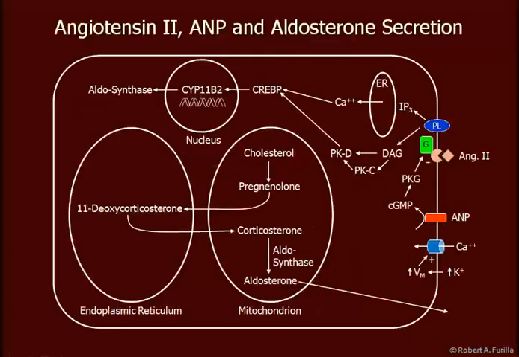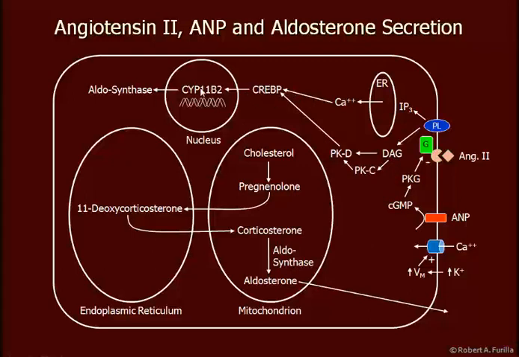As I mentioned in one of the earlier slides, aldosterone secretion is stimulated by angiotensin 2 and by high potassium concentration. Angiotensin II, through the second messenger system, causes a release of IP3, which triggers calcium release, which then triggers this CREB protein. In addition, diacylglycerol, DAG, triggers protein kinase C, protein kinase D, and that enhances this production of CREB.